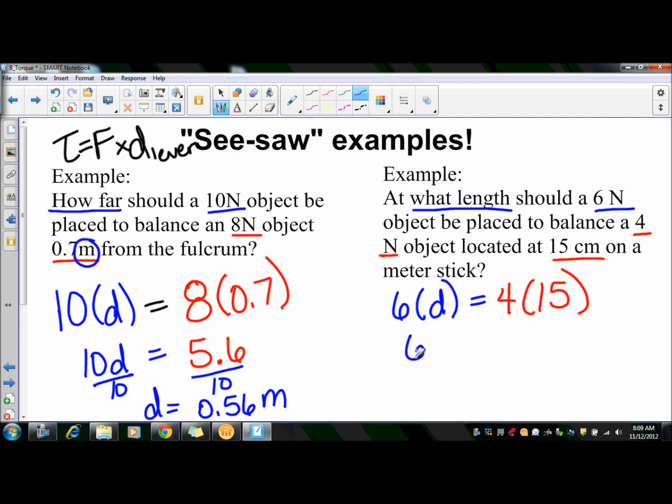So we have 6D equals 4 times 15 is 60. And so then we're going to divide by 6. And we get a distance of 10. Because this is in centimeters, this one will also be in centimeters. And that's it.